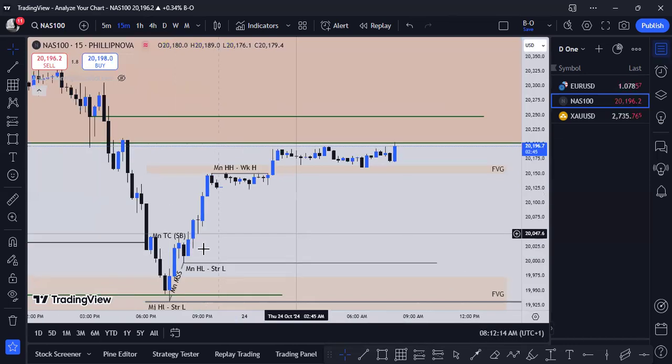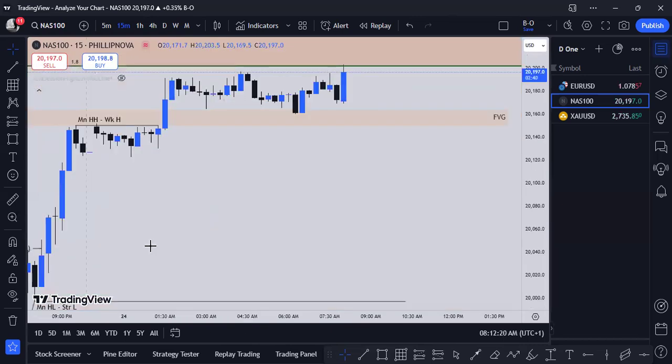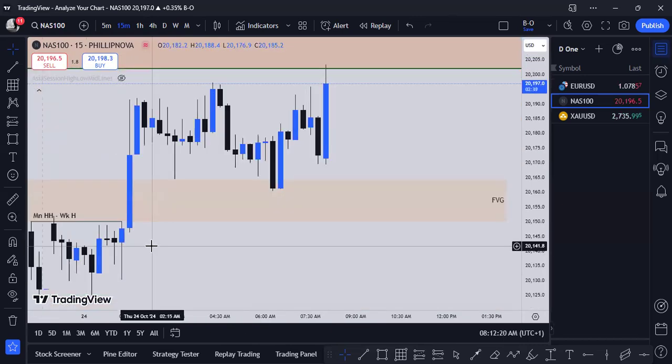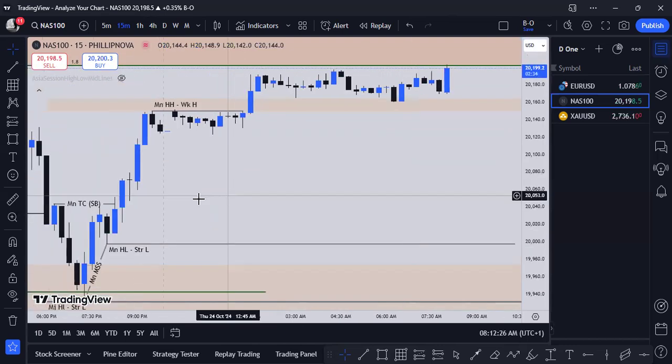But because we don't have proper mitigation of these levels that we have here, we can easily expect markets to come and react from this level.